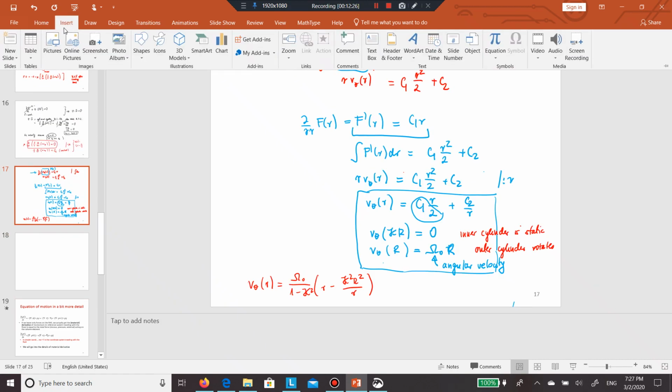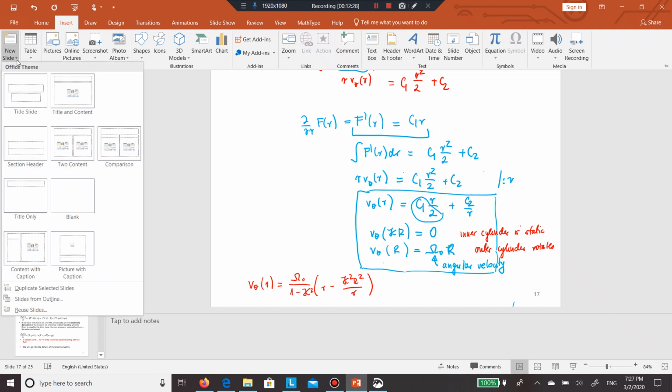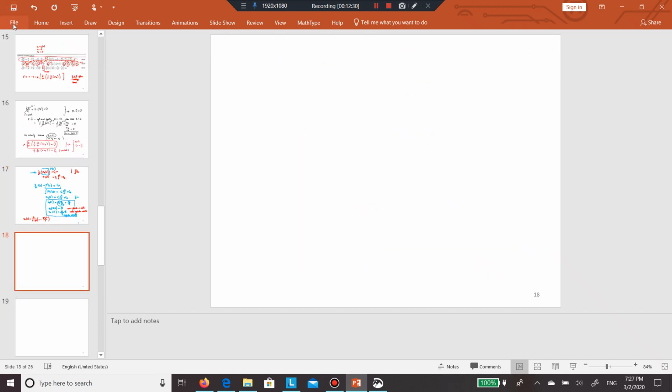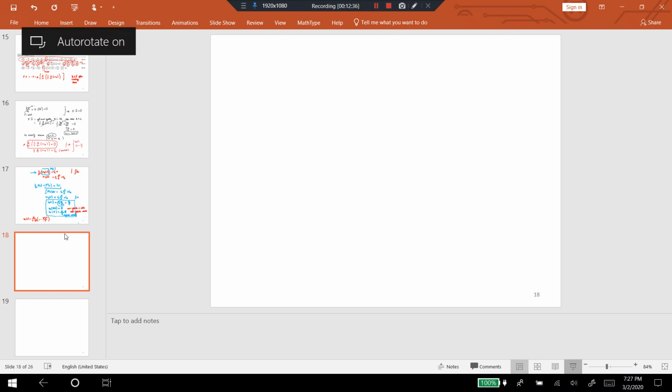So my tau r theta, I'm going to continue with this color.